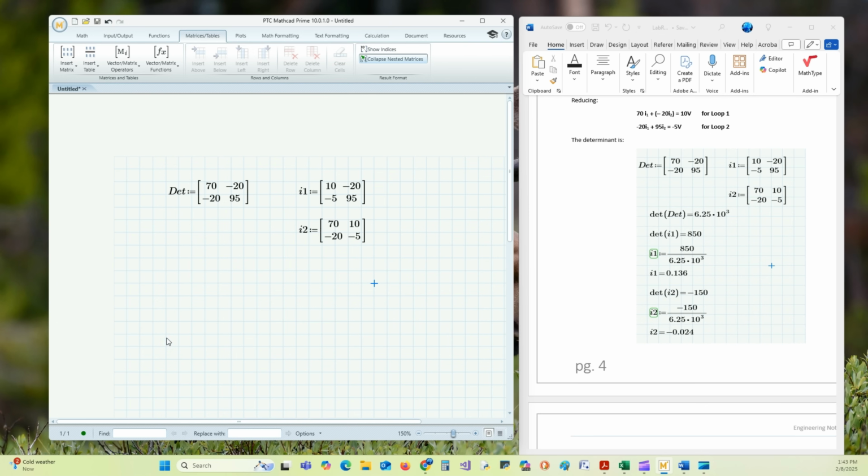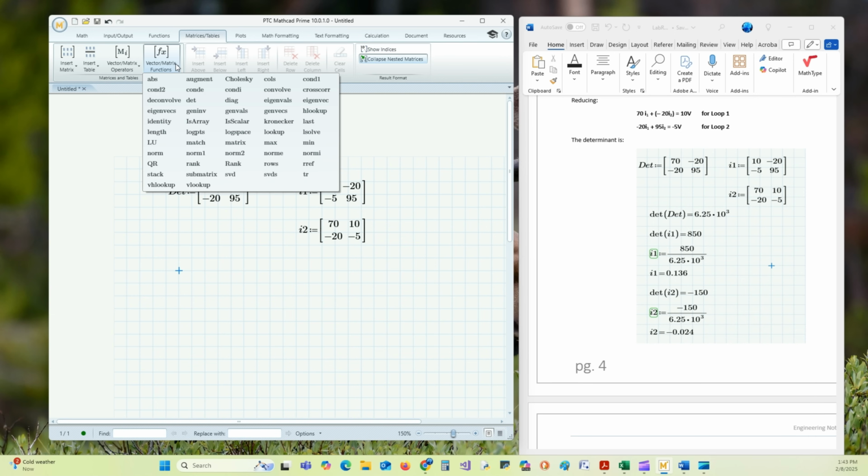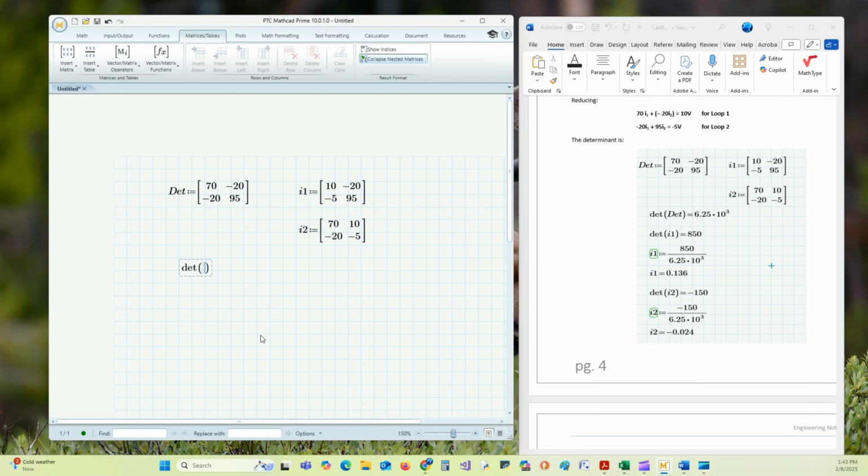So now we want to find a determinant. So we come over to here, and we'll go to the vector matrices functions, select determinant. We want the determinant of the base first. Put that right there. Hit the equal key, and there we got 6.25 times 10 to the third.